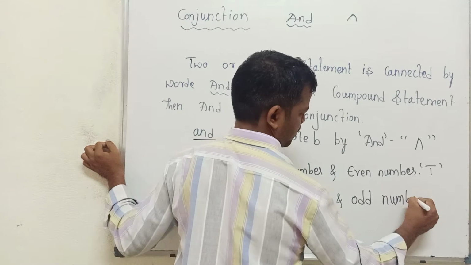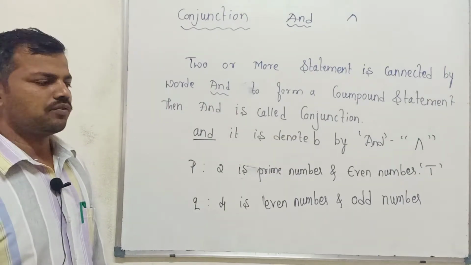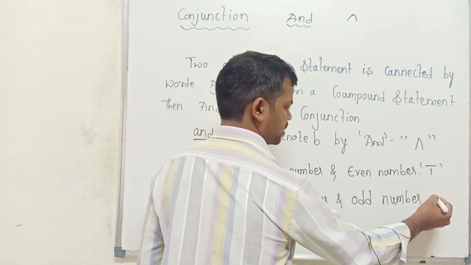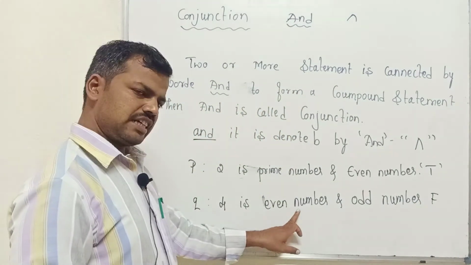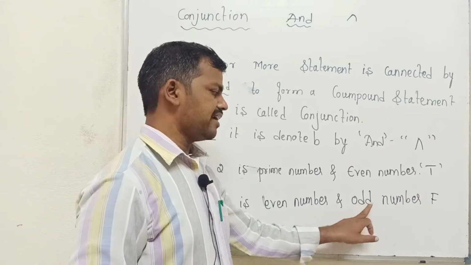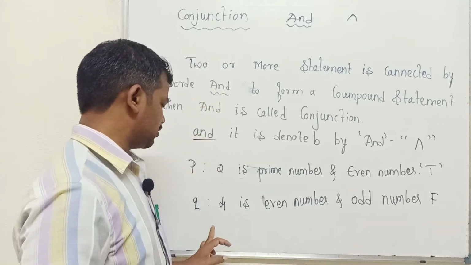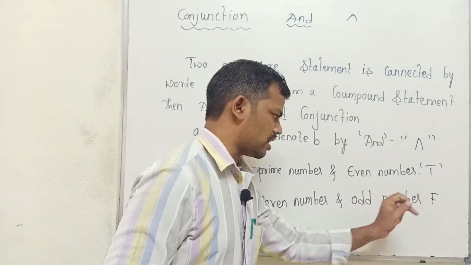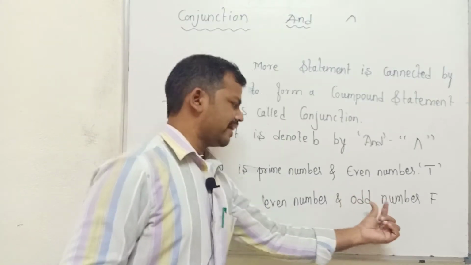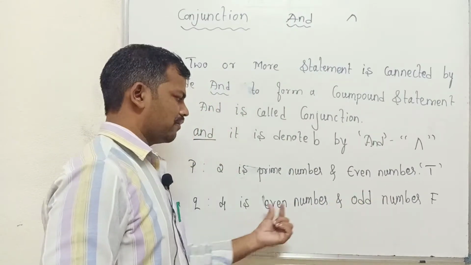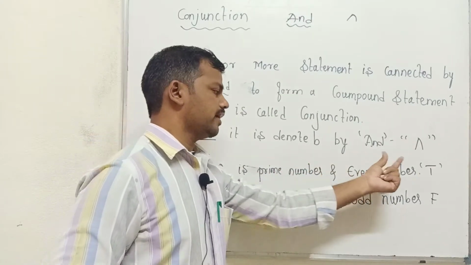Whether the statement is correct: 4 is even and odd? No, it is a false statement. The reason: 4 is even, which is true, but it is not odd, so it is not correct. So the given compound statement is false. True and false gives false. When both are true, it is true.